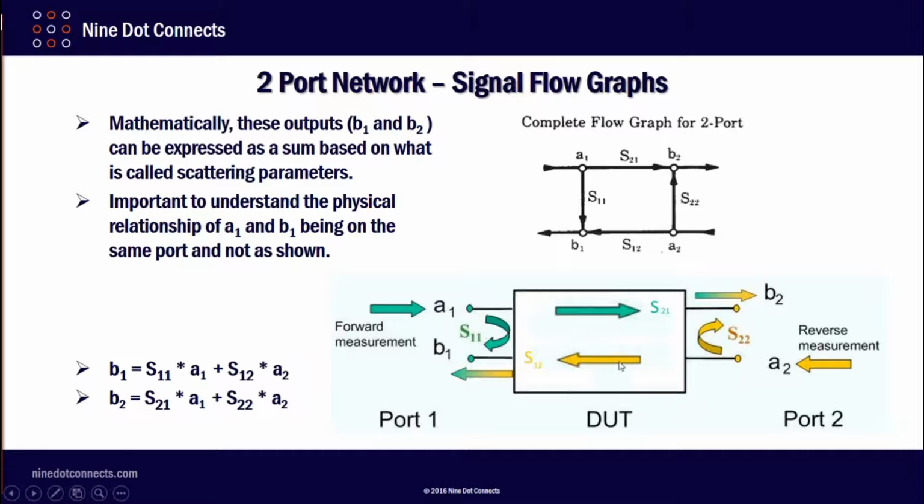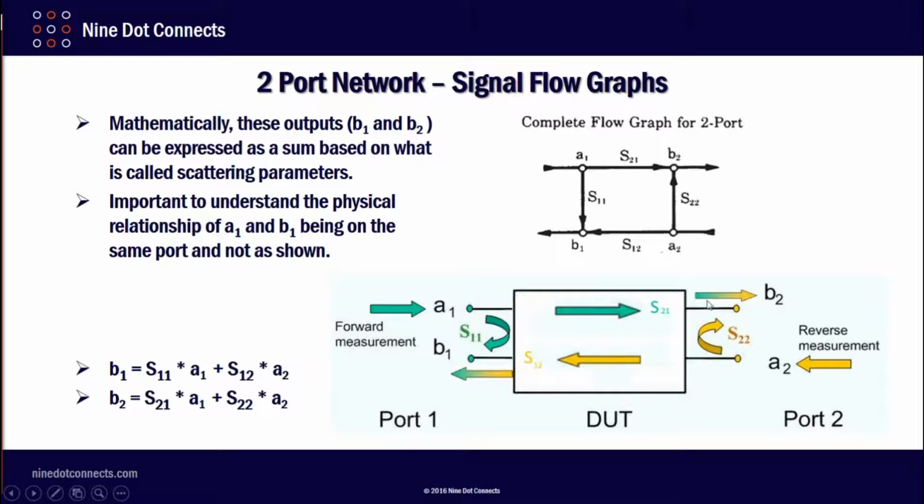Looking at this graphic, if I have an incident wave coming from a source, A1, it's green. As it comes through my transmission line, how well it gets through is characterized by a parameter called S21, and then it gets on the output as wave B2.